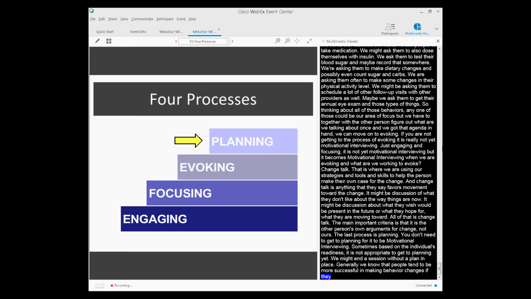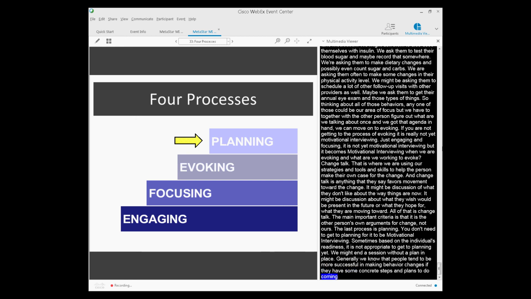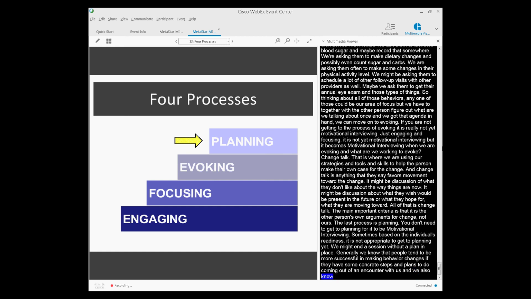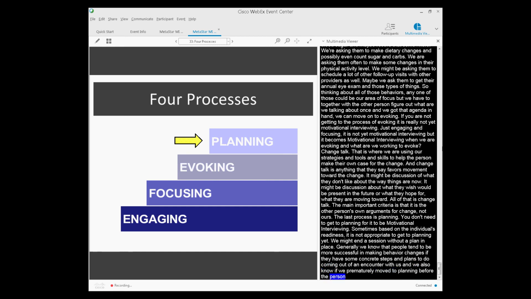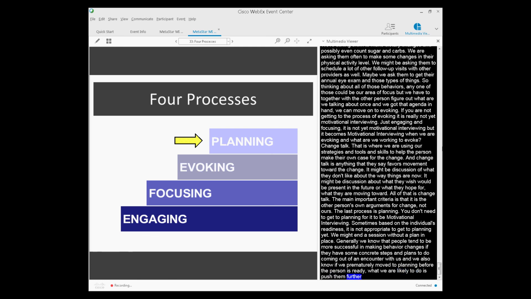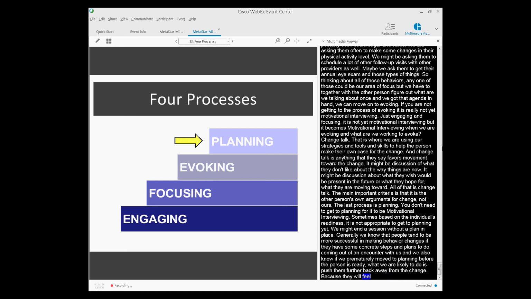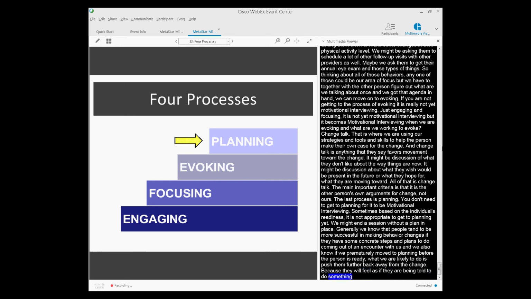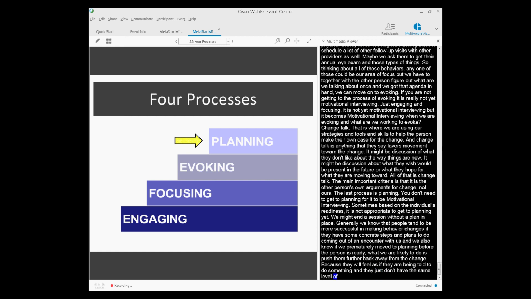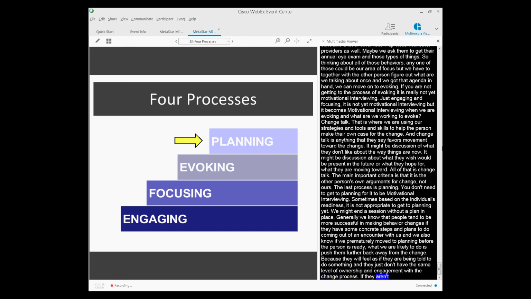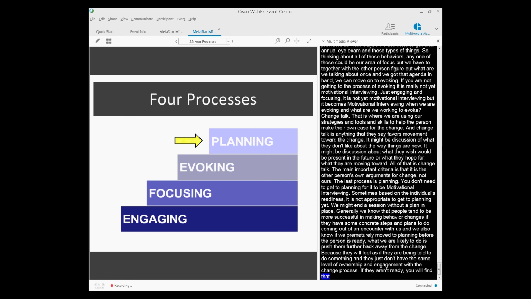And we also know that if we prematurely move to planning before the person is ready, what we're likely to do is push them further back away from the change, because they will feel as if they're being told to do something and they just don't have the same level of ownership and engagement with the change process. Once people have readiness and their motivation intact, the planning process happens quite easily.